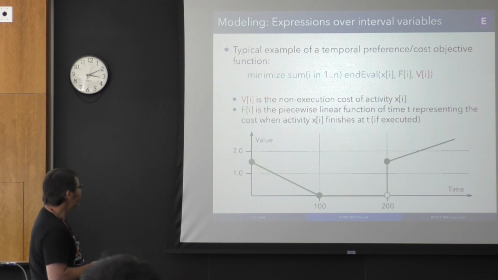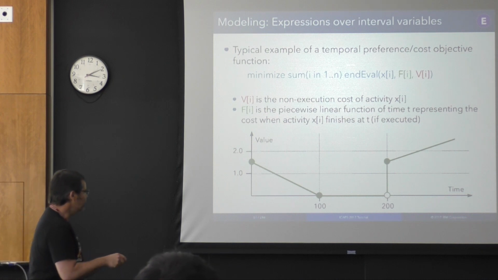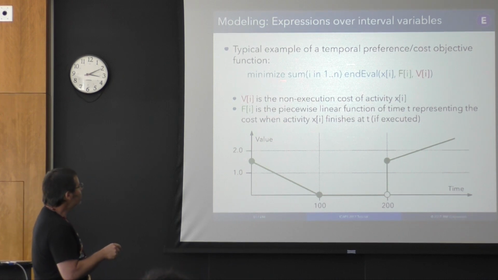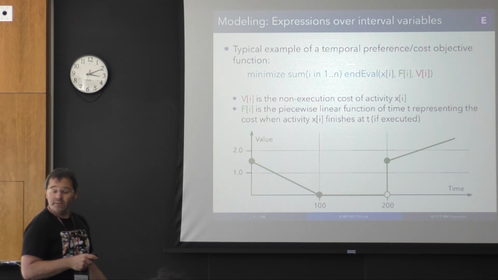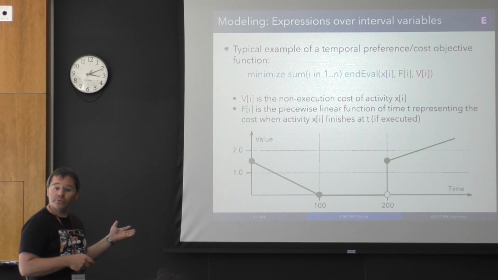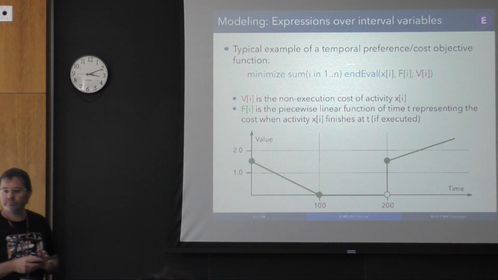Here is an example, where I take the same piecewise linear function as described earlier, and you want to minimize a kind of earliness-tardiness cost. You evaluate the end time of these interval variables on this function. Interestingly, if the interval is absent, this expression will return a value vi that you decide. It can be used to model a non-execution cost for an activity, for instance. So in a row, you have here an earliness-tardiness cost and a non-execution cost for your activity.